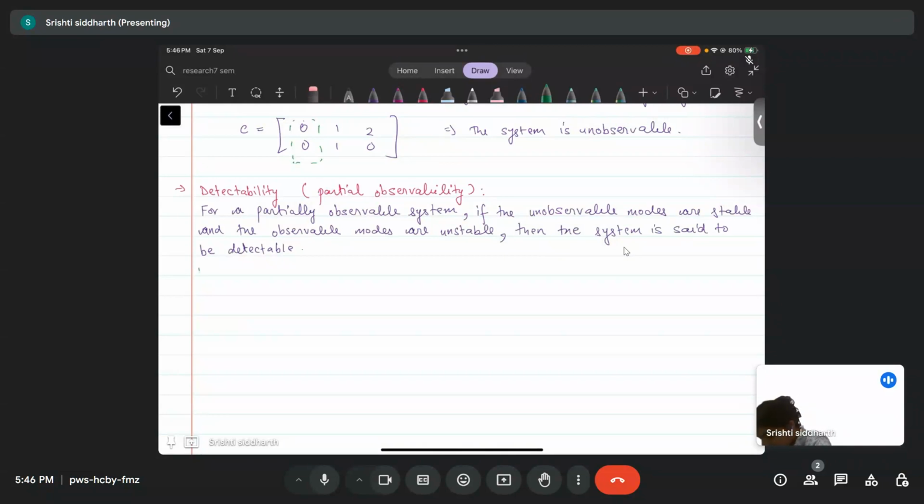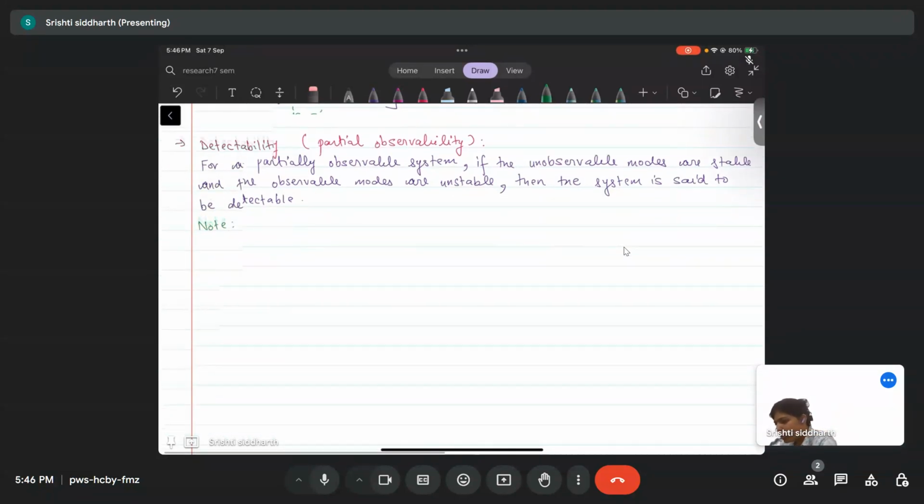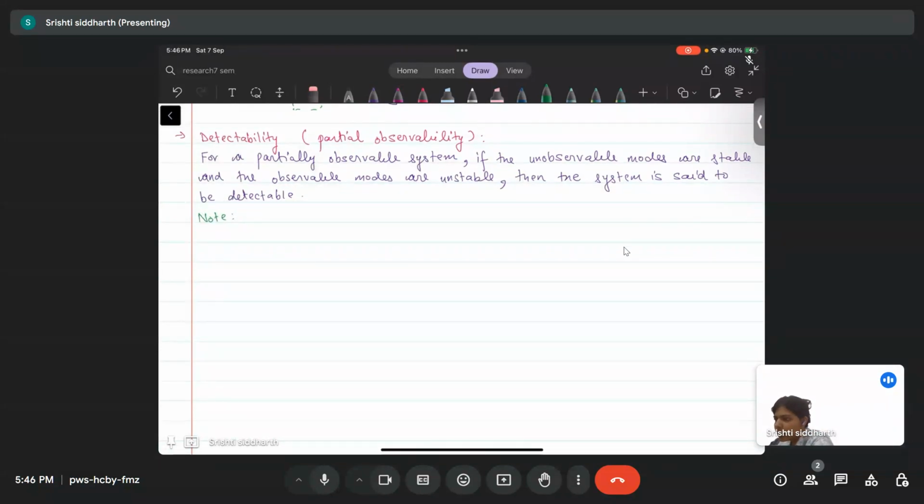So also note that the concept of duality was discussed in the class. So if a pair AB is controllable, then we have a corresponding system associated with the matrices A and C, which is observable, right? So according to the principle of duality, we have a relation between detectability and stabilizability.